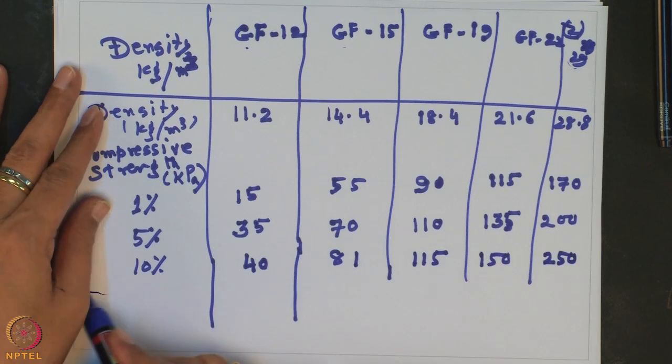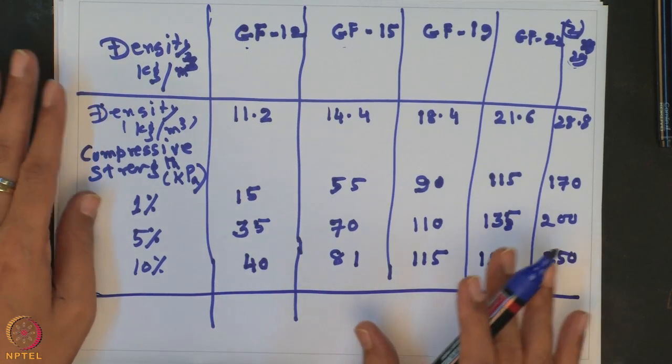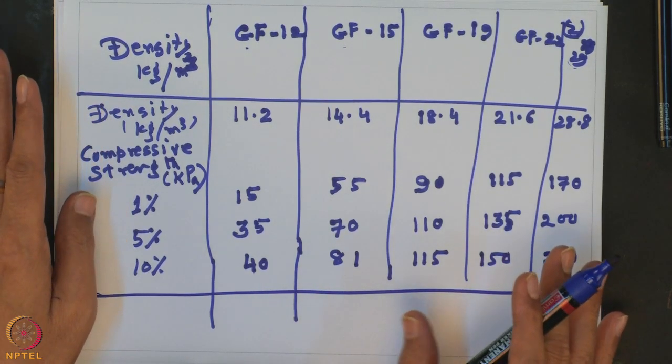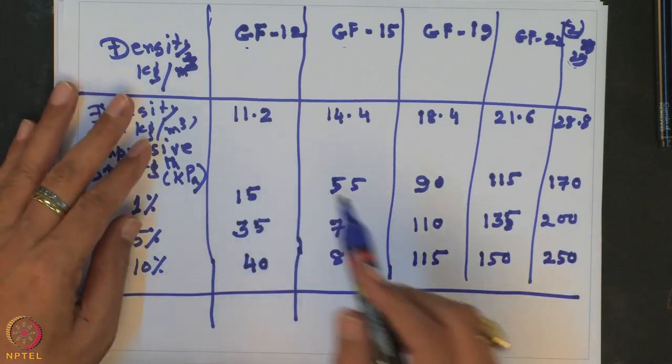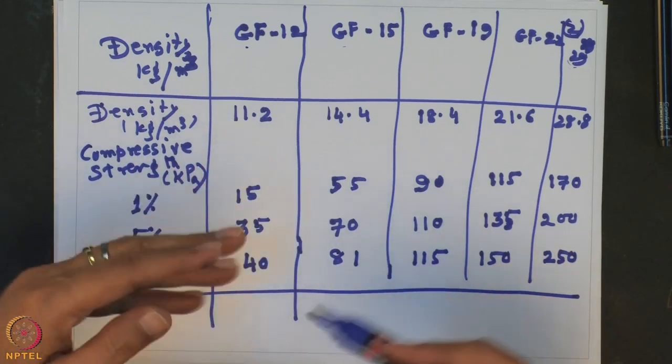So, what you can observe from this table is that the density of the EPS geofoam is increasing, and the compressive strength under 1%, 5% and 10% strain is also increasing.